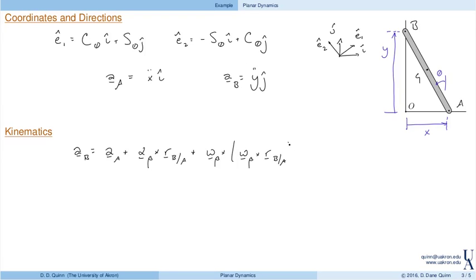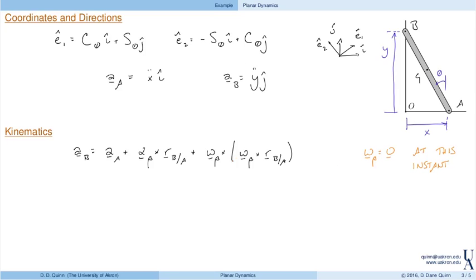These are our equations for planar kinematics to relate accelerations. Now, the problem statement said that the bar was released from rest, which implies that the angular velocity of the bar is equal to 0 at this instant.